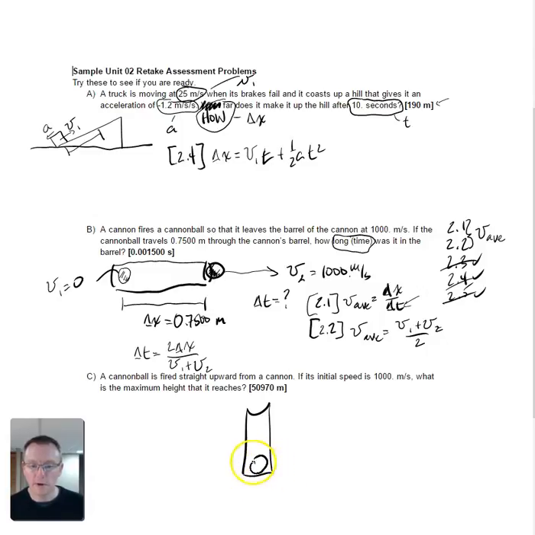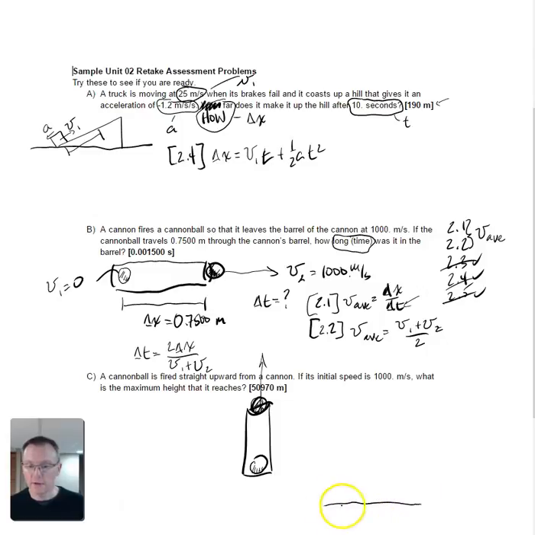Okay, so we have a cannonball right there. And the cannonball is being launched upward, so that by the time it leaves here, it has some velocity upward. Now, I'm going to draw this situation out over here.